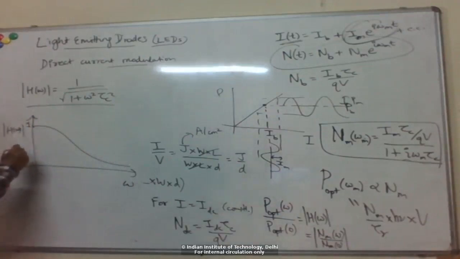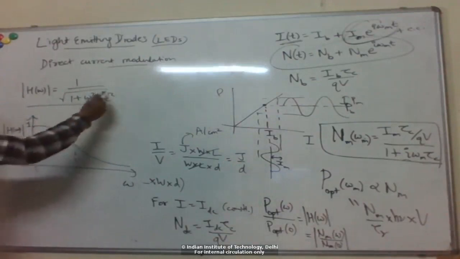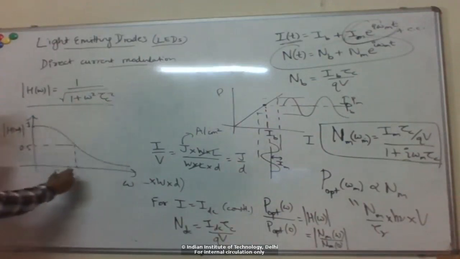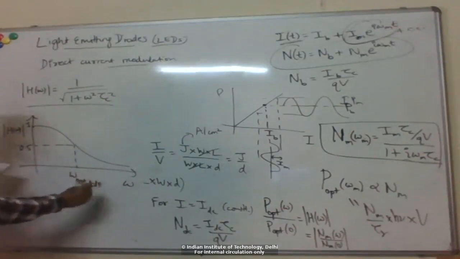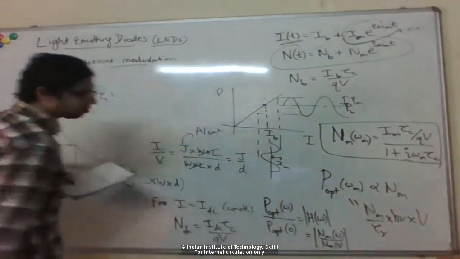So it goes down to half. If I put this equal to half, you can see that it goes down to half at what is known as the optical 3 dB frequency. So omega optical 3 dB, where the output power goes down by a factor of half.